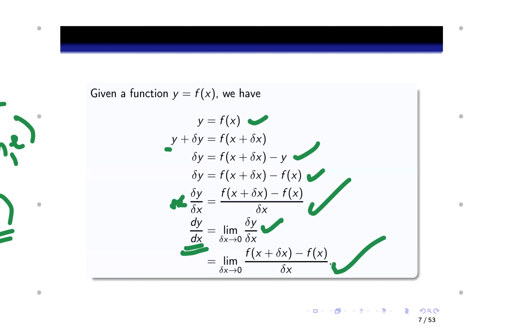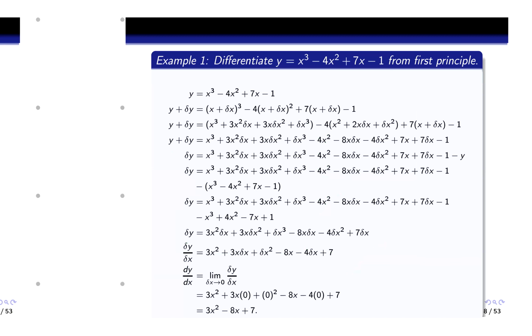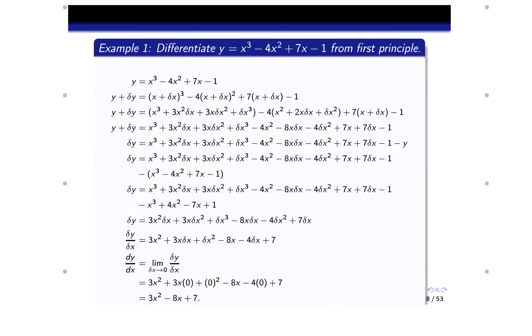Okay, so based on that, let's take some examples. Normally, for those who already know how to differentiate, you can just write the answer in one blow. Once you see y equals x cubed minus 4x squared plus 7x minus 1, I think I gave some examples when I was talking about L'Hopital's rule. So this is simply dy dx equals 3x squared minus 8x plus 7, that short way.